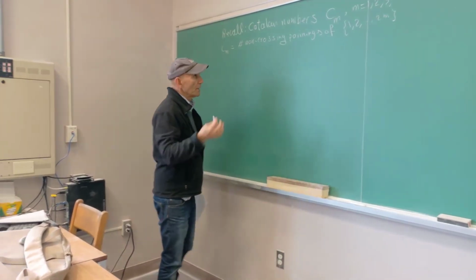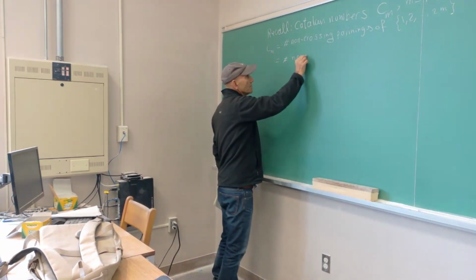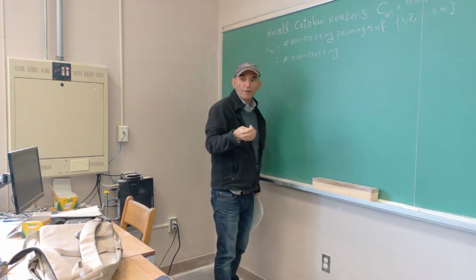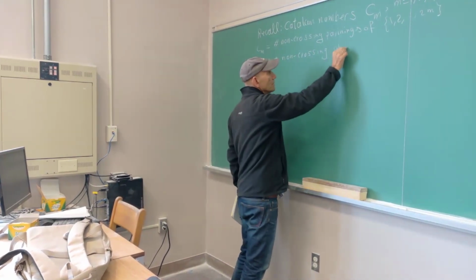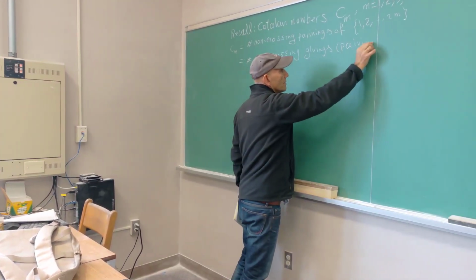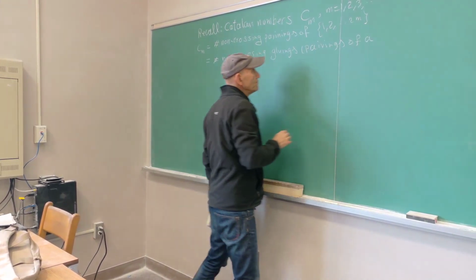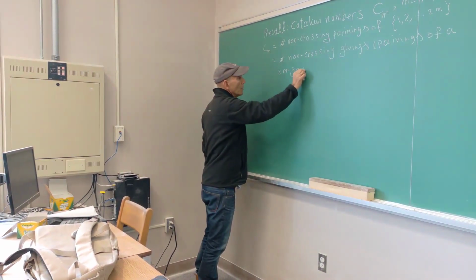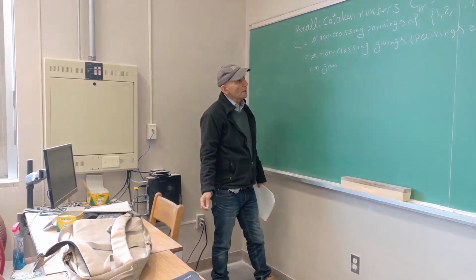But also we can think of it as the number of non-crossing gluings or pairings of a 2n-gon, a polygon with 2n edges.